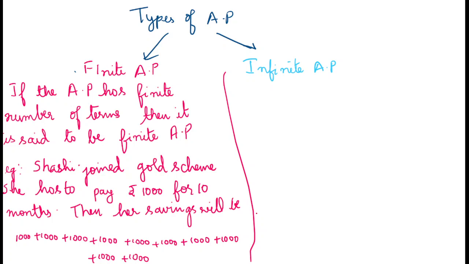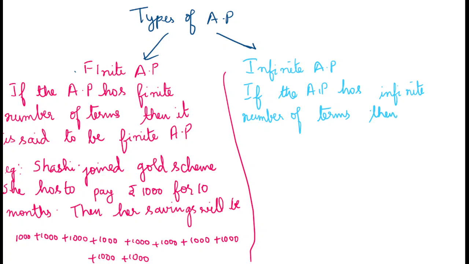Infinite AP means if the AP has an infinite number of terms, then it is said to be an infinite AP. Example: 1, 2, 3, 4, 5 goes on.